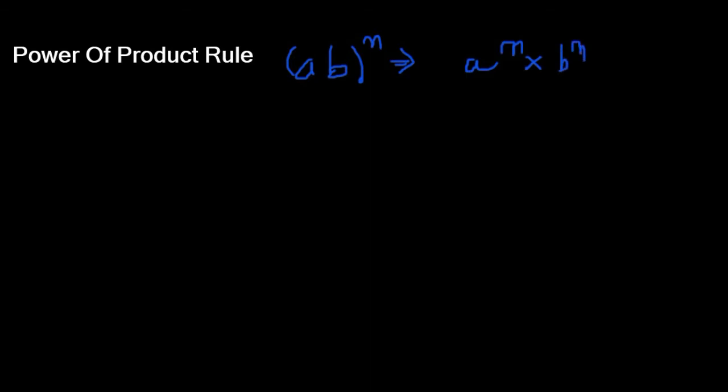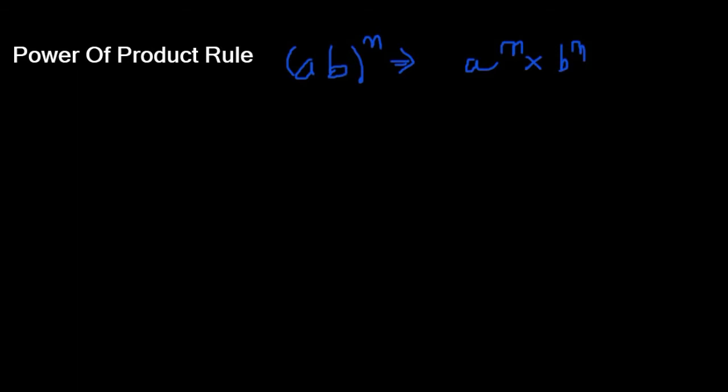Note down a point. You can change (ab) power m as a power m into b power m, but you should not change a power m into b power m as (ab) power m, because that is wrong. You should only change it as a power m plus n when it is the case of a power m into a power n. Otherwise, this is correct.